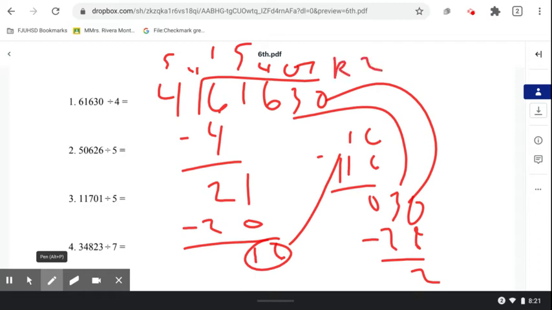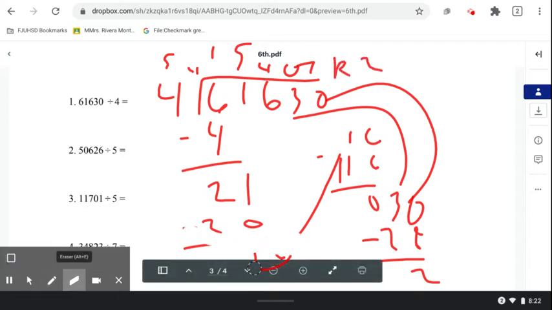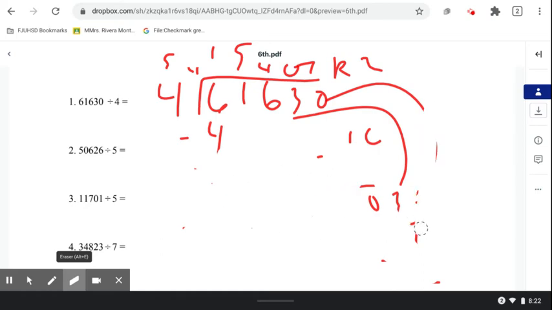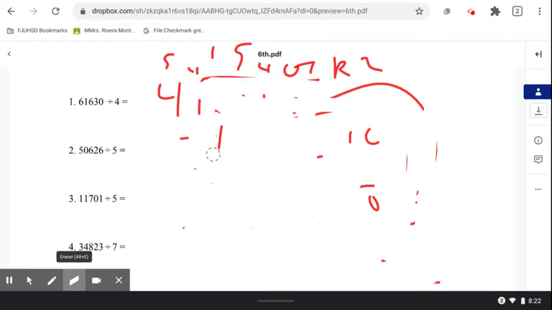Okay, so that was really messy, but in the end, the answer to 61,630 divided by 4 is 15,407 with the remainder of 2.